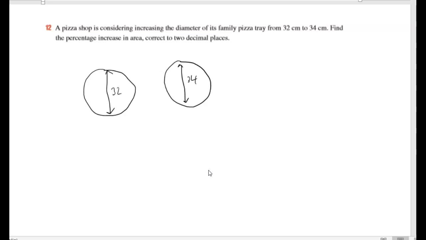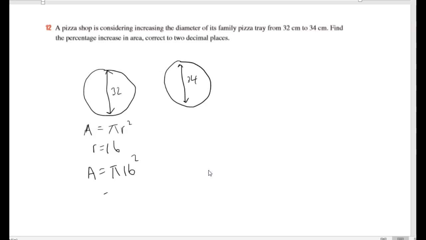Okay, so basically it's increasing by 2 centimetres, but let's actually work out the area of each one, and then we can do the percentage increase. Sorry, I'm thinking as I'm going. So the area of a circle is pi r squared. The radius of this pizza is 16, so I'm just going to substitute 16 into our equation.